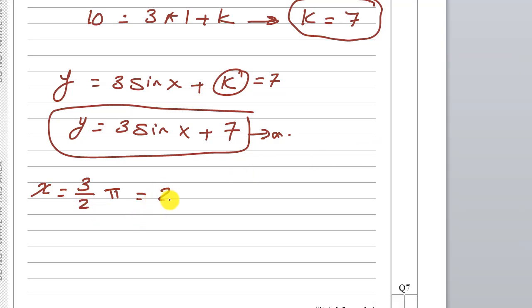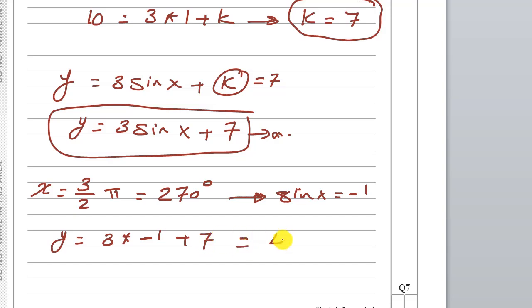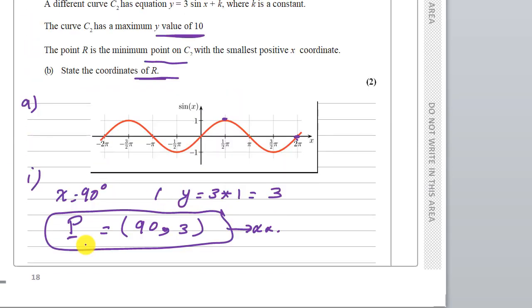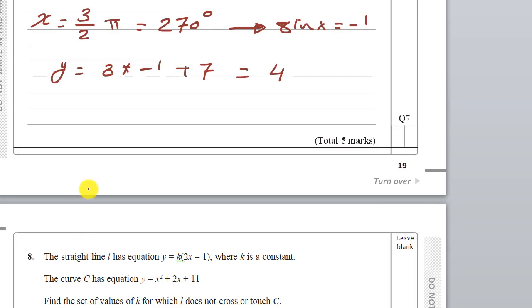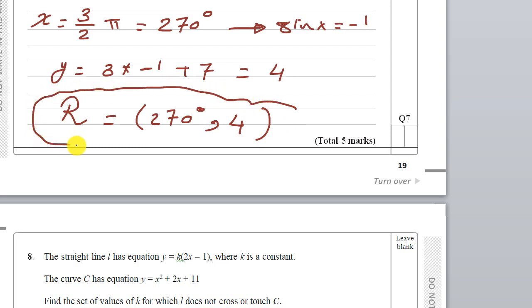So at x equal to 270 degrees, sine x is equal to minus 1. So y is equal to 3 multiplied by minus 1 plus 7, so it's equal to 4. So the coordinate of the minimum point R is 270 degrees and 4. And this is the answer of this part.